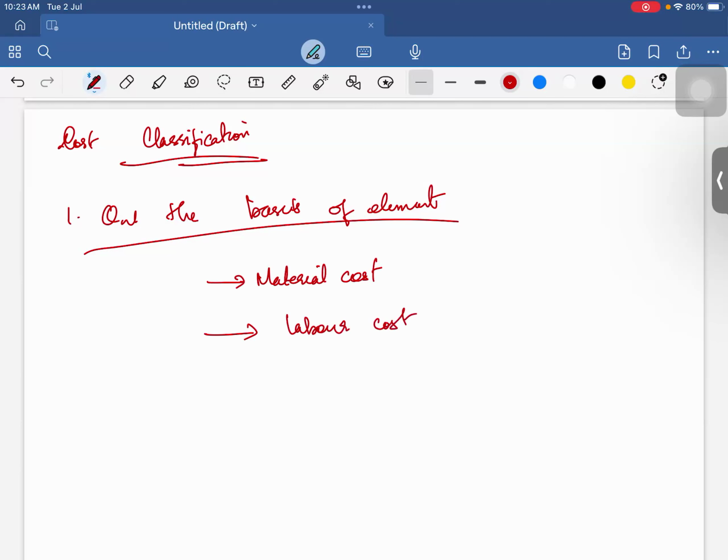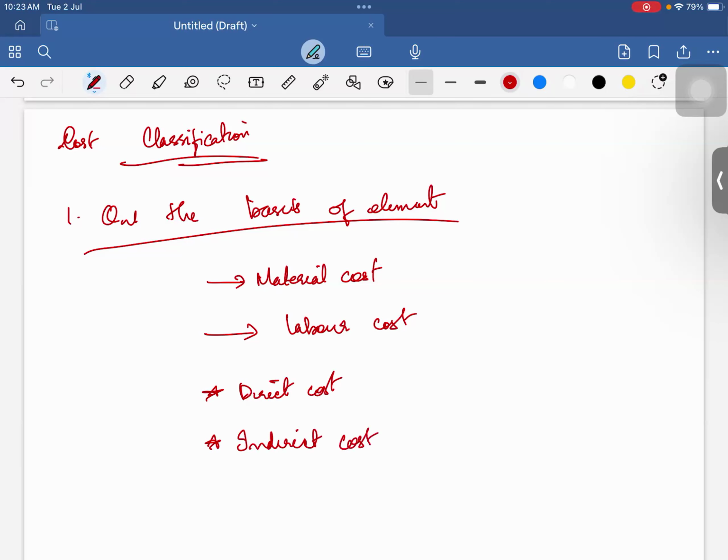Now, when it comes to material and labor cost, you have 3 types of things. One is the direct cost. Second one is the indirect cost.